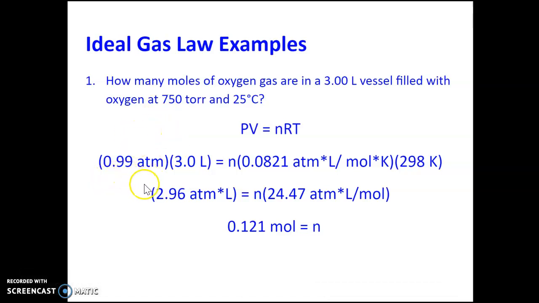So 0.99 atmospheres times 3 liters equals n moles, which I left as n because that's my variable, times 0.0821 times 298. Multiply it out, simplify: 0.12 moles.